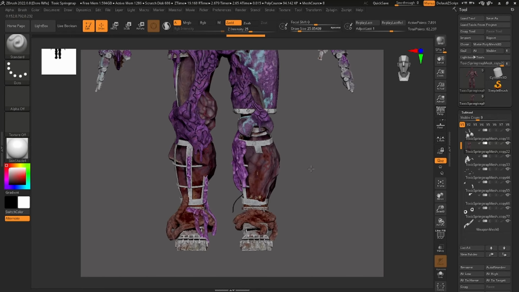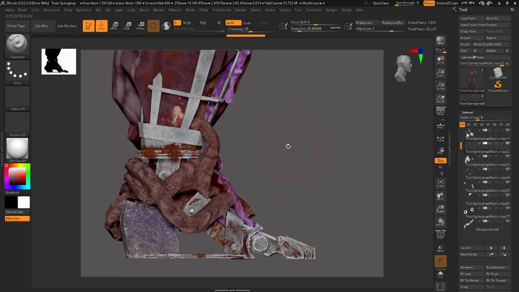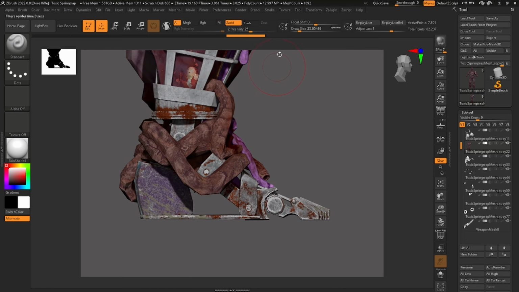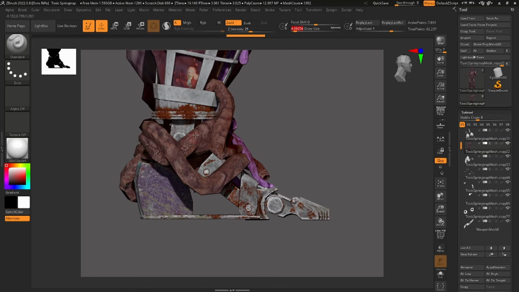So, to begin with his feet. His intestines are still there, and since I've got the BPR cranked up, I want to take a look. Yeah, I'm almost 100% certain these are his intestines. You can see the little division lines in it.